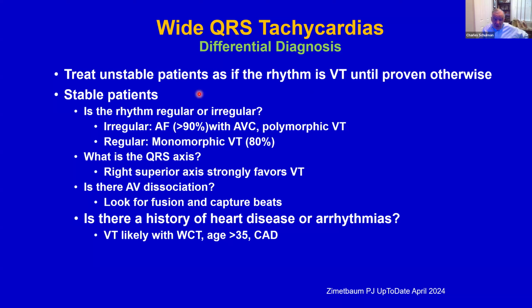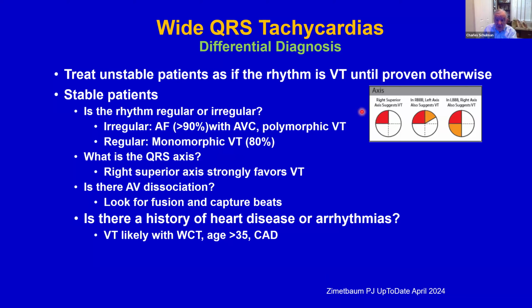If stable patients, look and see if the rhythm is regular or not regular. If it's regular, it's most likely to be monomorphic VT in 80% of people. If it's irregular, over 90% of them have AFib. But polymorphic VT might also be irregular. What is the QRS axis?